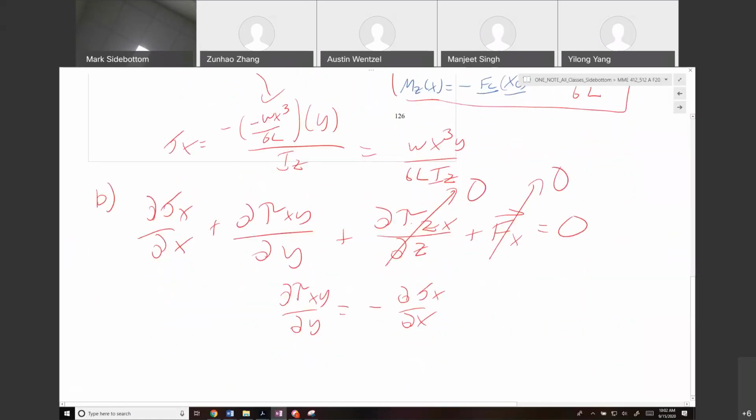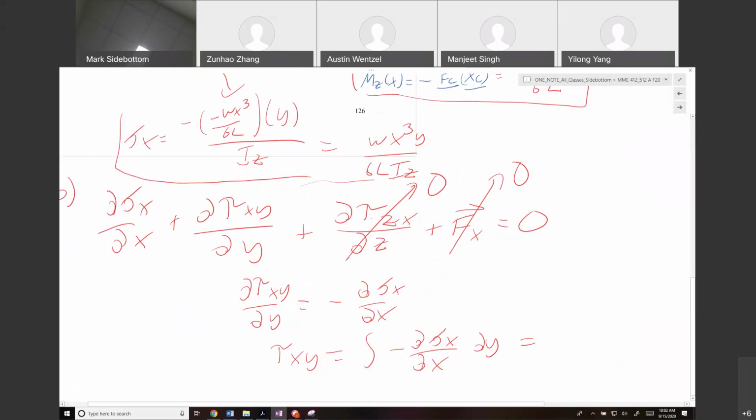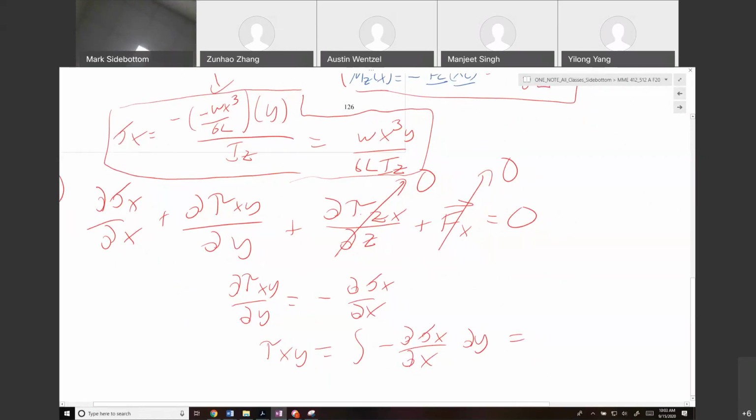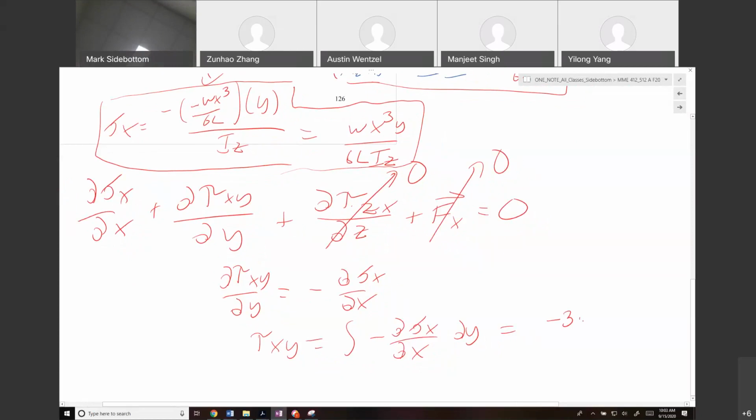If we integrate both sides with respect to y, we end up getting tau xy is equal to the partial integral of negative d sigma x dx with respect to y. We have sigma x here, so we just take the derivative of it with respect to x, and multiply by a negative sign, so we get minus 3w x squared y divided by 6L Iz.